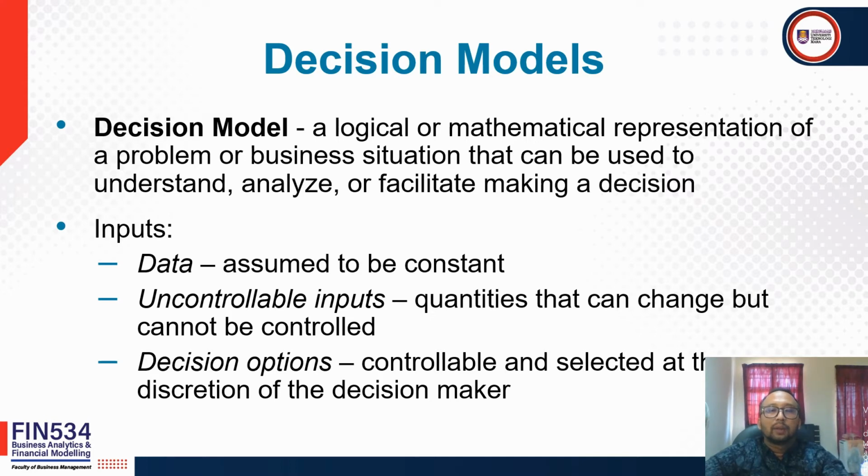Data is assumed to be constant, and uncontrollable inputs are quantities that can change but cannot be controlled. That's why we call them uncontrollable inputs. And then decision options are controllable and selected at the discretion of the decision maker. We have options on what type of decision we want to use or put on the data.